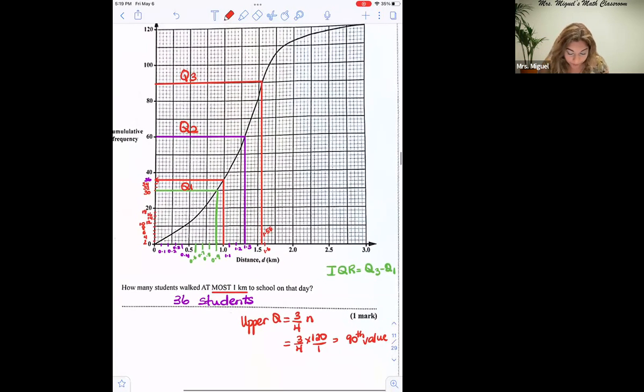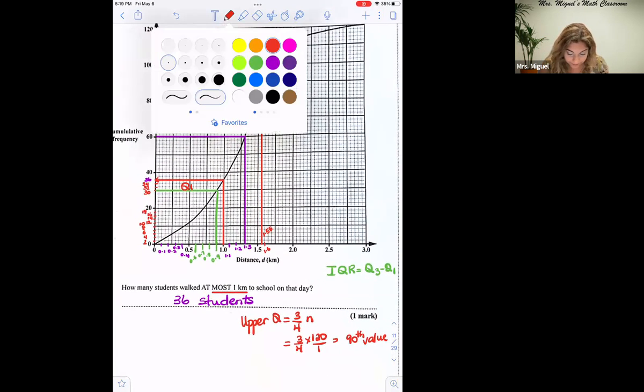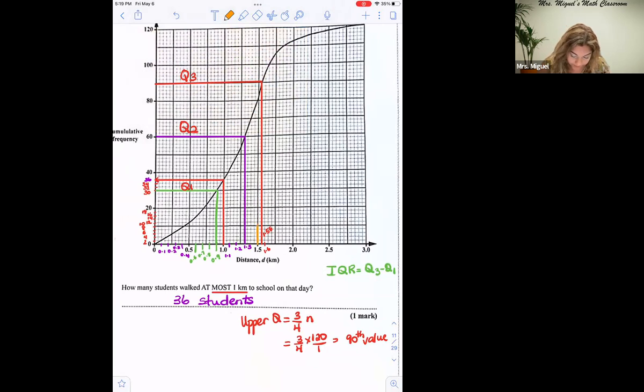We're finding 1.5. And we're going to see how many students walked for 1.5. So we're going 1.5 straight up, and this is the value here. Read off that value for me.